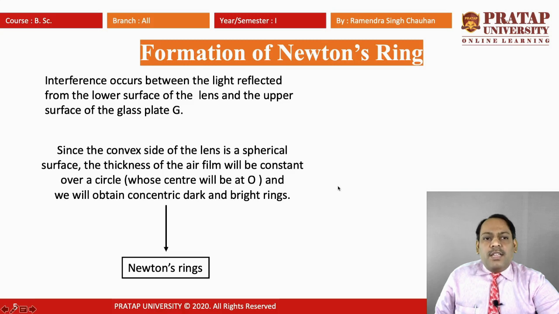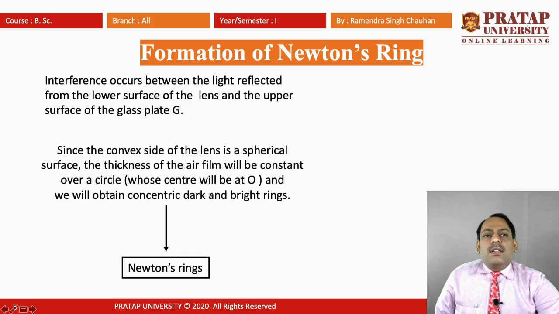The reflected rays from the lower surface of the plano-convex lens C and the upper surface of the plane glass plate P overlap, and interference takes place between them.